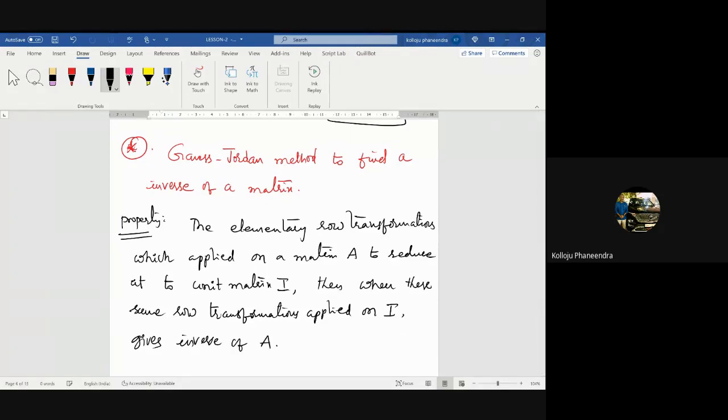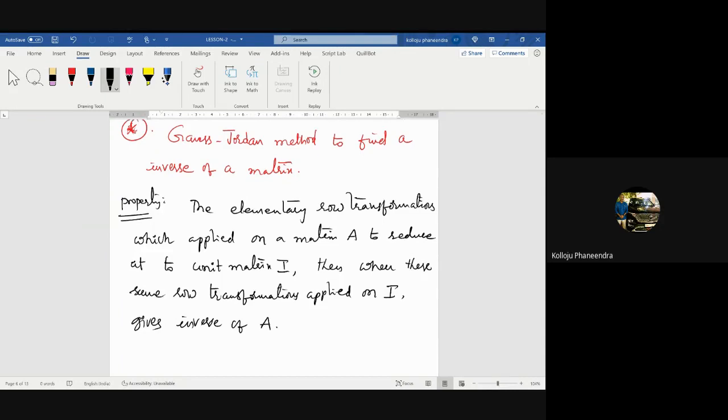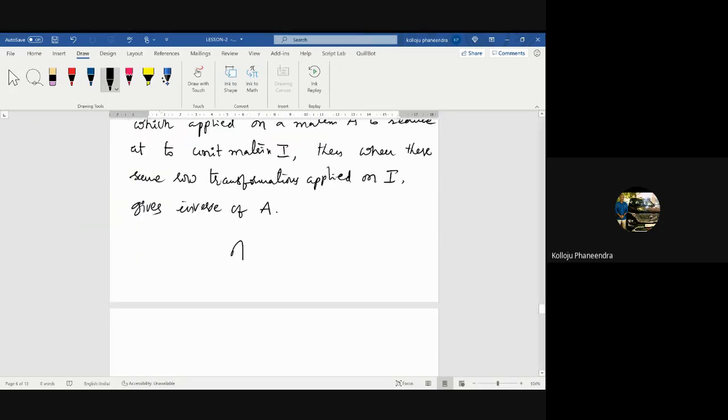This is the property of row transformations when applied on a matrix A. So briefly, this is matrix A. One matrix A is given, maybe 2 by 2, 3 by 3 like that, and the inverse is possible only for square matrices. Now, any square matrix can be reduced to identity matrix. Is it true? For example, A is some 3 by 3 matrix.